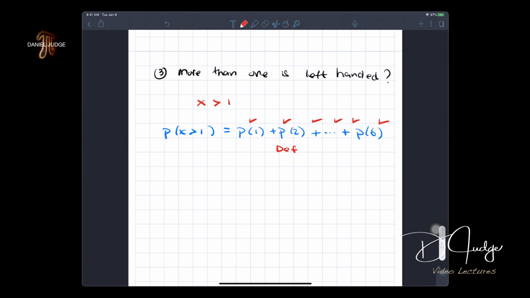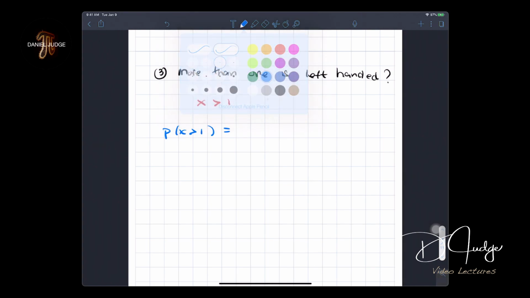Now, let's ask you guys. Oh, let's be careful here. We don't have 6, we got 5, because this is more than 1. Ooh, I almost made a mistake. Whew, almost.